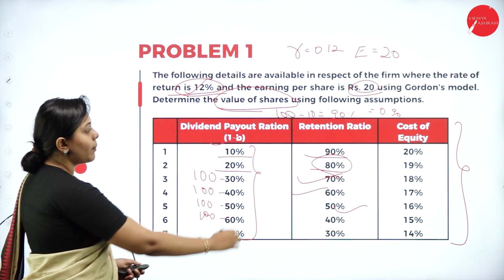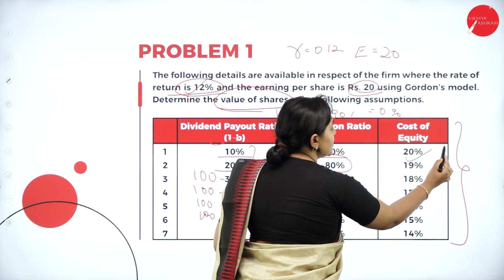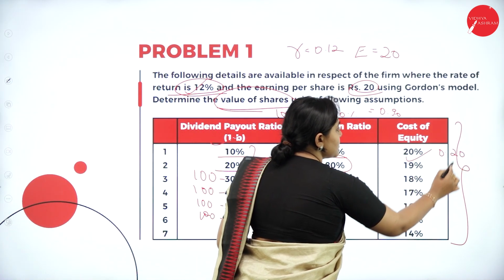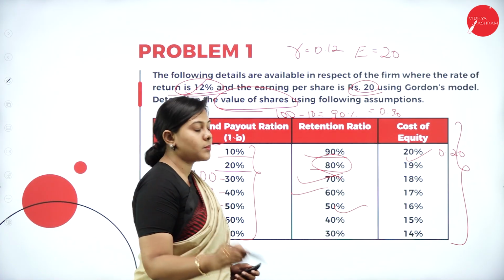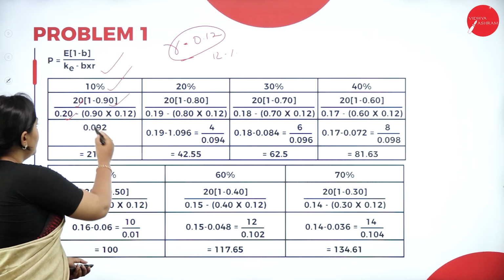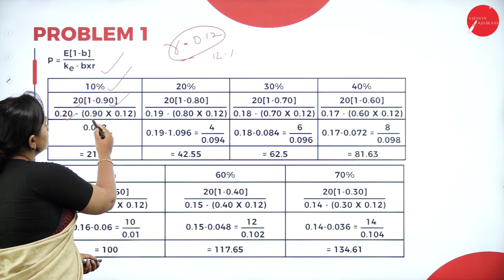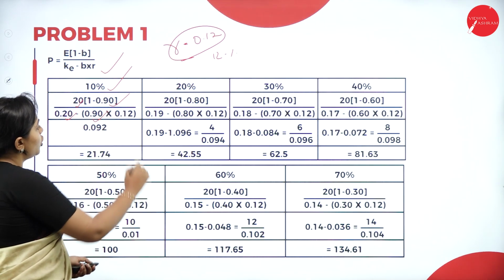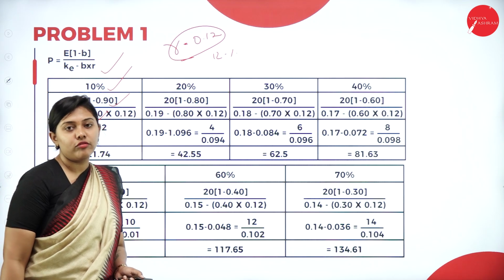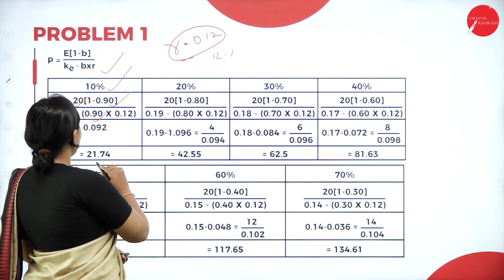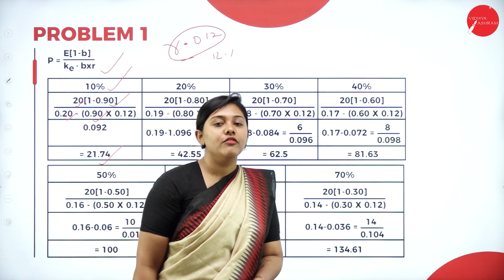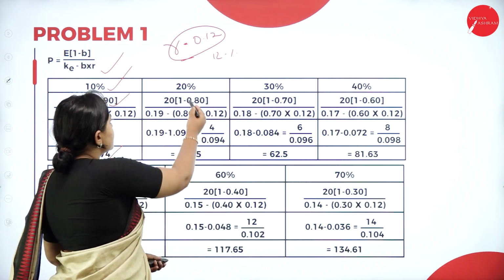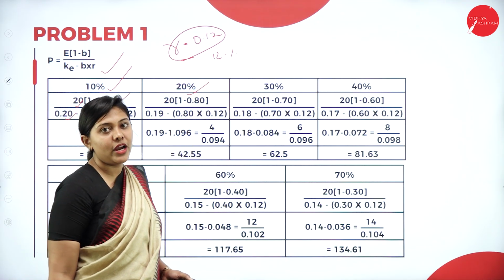What is the equity capitalization rate for the first case? 0.20. Since it's in percentage, we are converting into decimal. So 0.20 minus your retention ratio into internal rate of return. The answer you get is how much? 21.74.